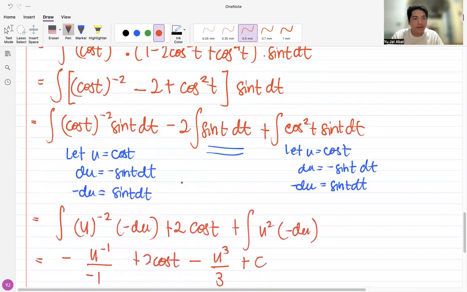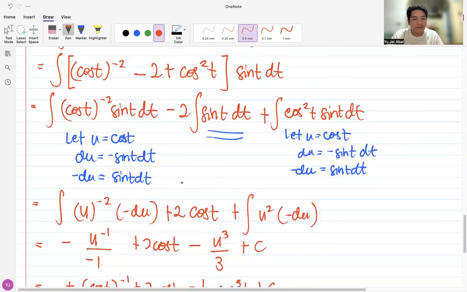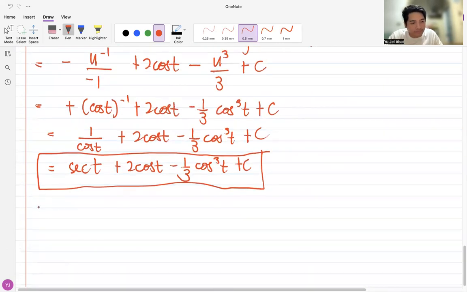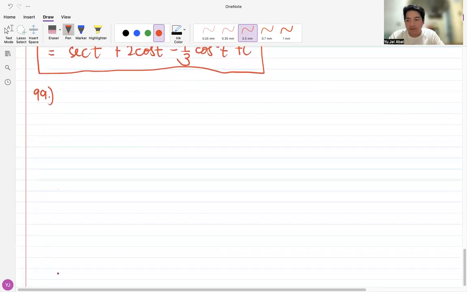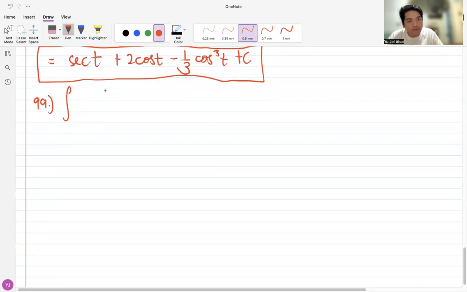Okay, so for number 99, find the integral of cosine to the 5th of 3z dz all over sine squared of 3z.